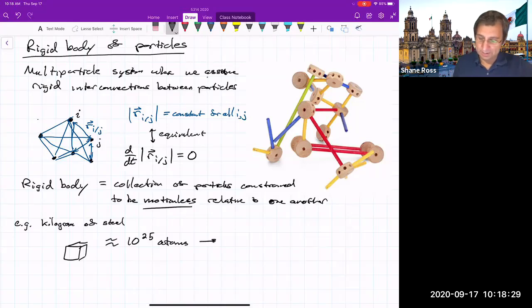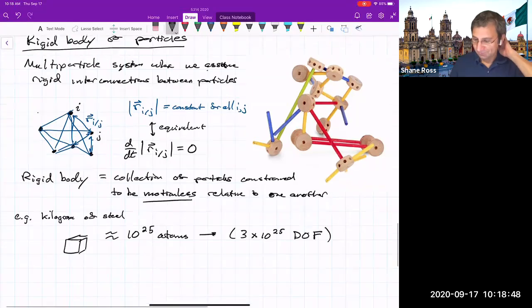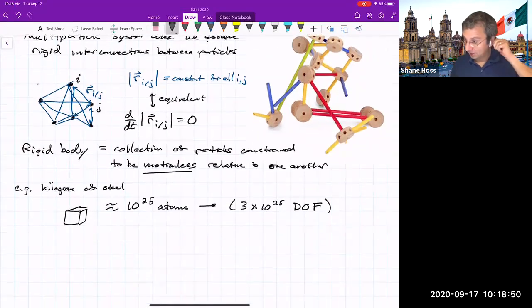If I were to treat it just like a multi-particle system, this is about 3 times 10 to the 25 degrees of freedom, which goes way beyond what I ever want to do. Try simulating that, good luck.